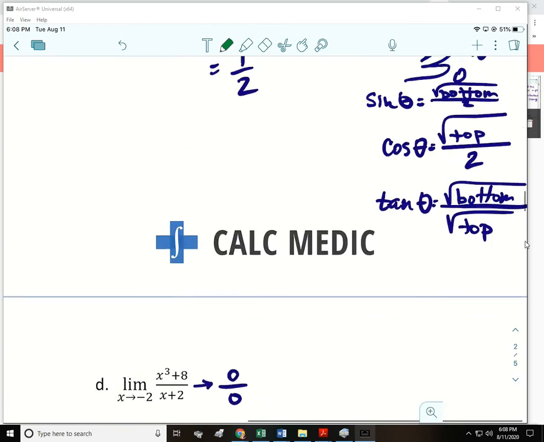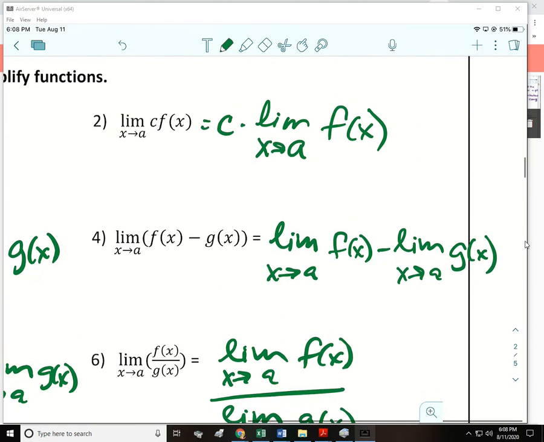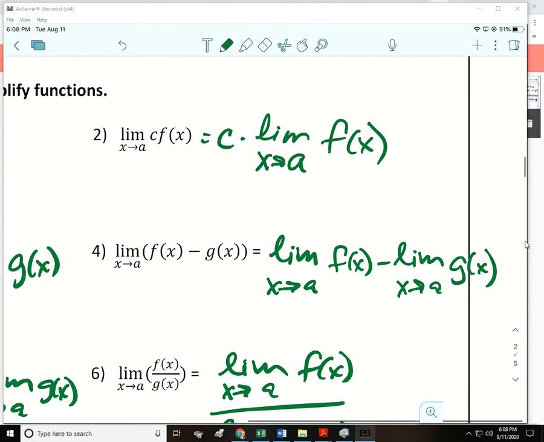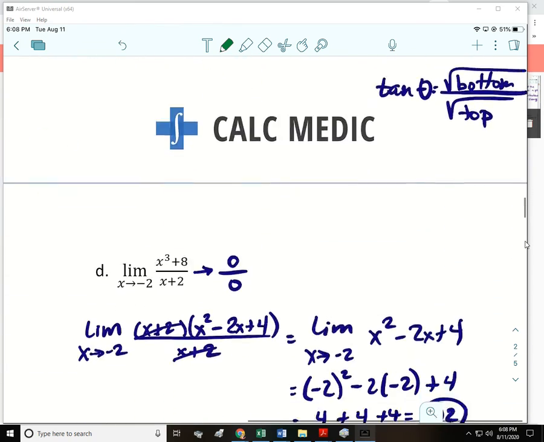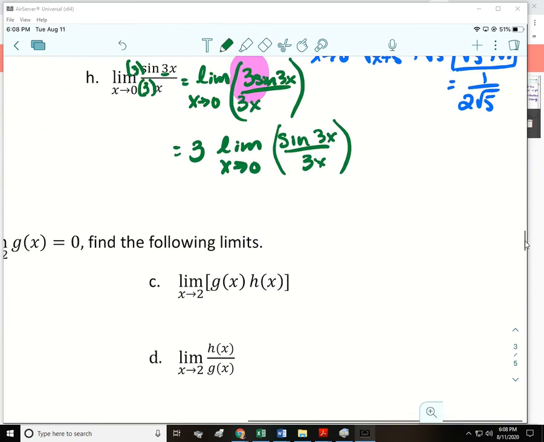So that second property tells you that if you have a function multiplied by a constant, you can multiply by that constant on the outside. So that's what we're doing. All right, so that's 3 times the limit as x approaches 0 of sine of 3x over 3x, which is just 1. So we end up with 3 when we do 3 times 1.